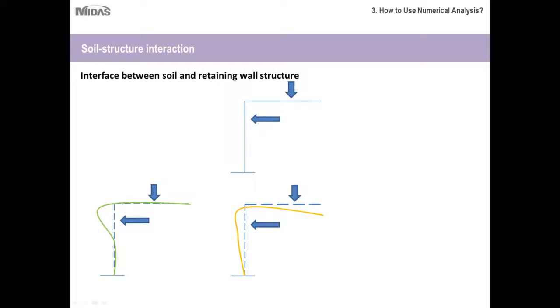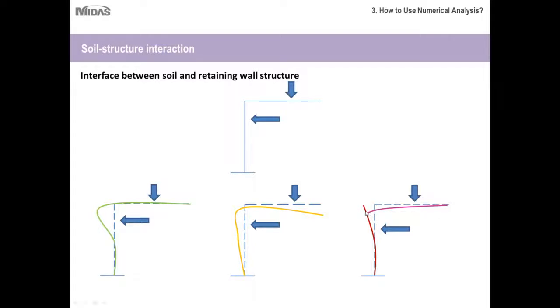But what happens in a real scenario? It's not this, it's not the second option, it is the third option. Whatever the surcharge or the driving force, the wall would deform something like this and the soil layer would not follow the topmost point of the wall.